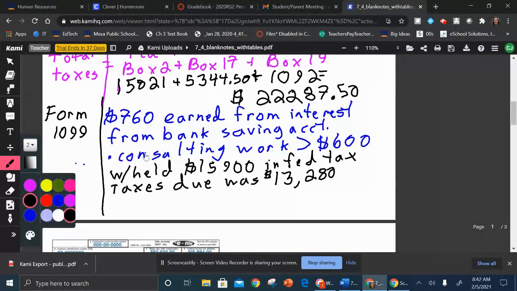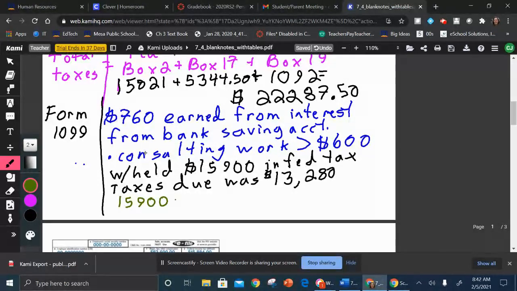Okay, so we're going to figure it out. So it's going to be the taxes paid minus your tax liability. So we get a positive amount of $2,602. So you're going to get a refund.